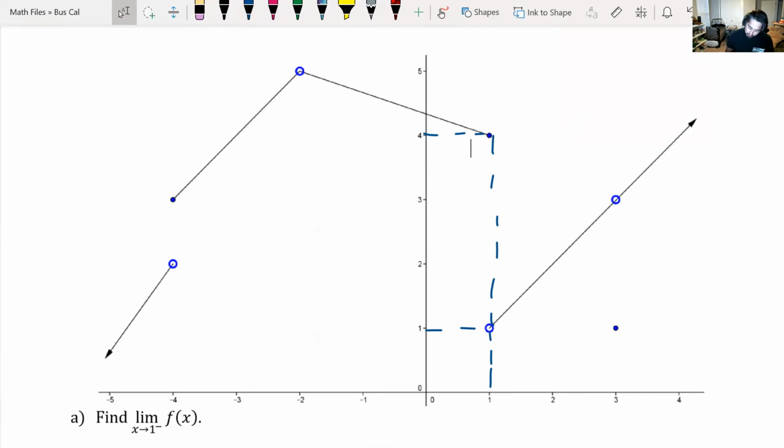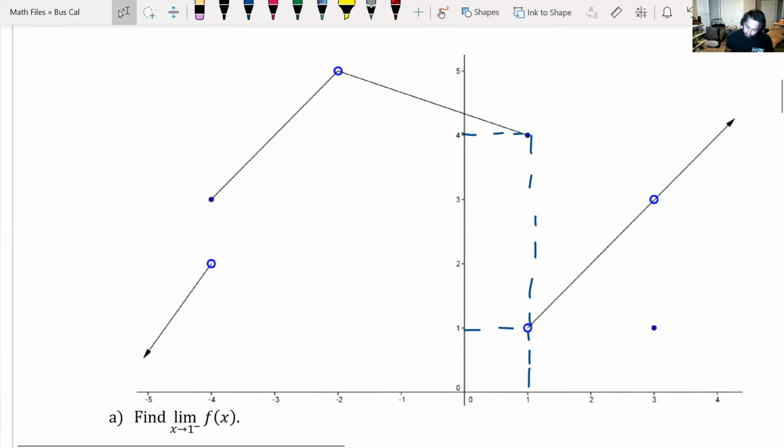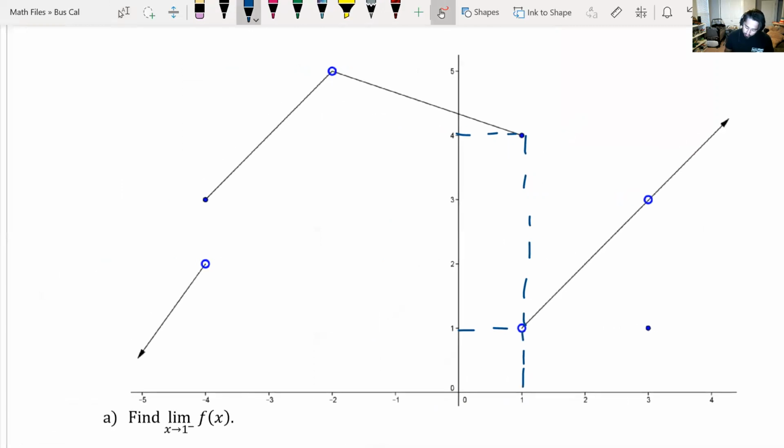So as we approach 1 from the left side, again, we want to know what our y values are doing. So as we approach 1 from the left, we see that we come to this graph, we have to jump up to this graph, and we are tracing along as x gets closer and closer and closer to 1.